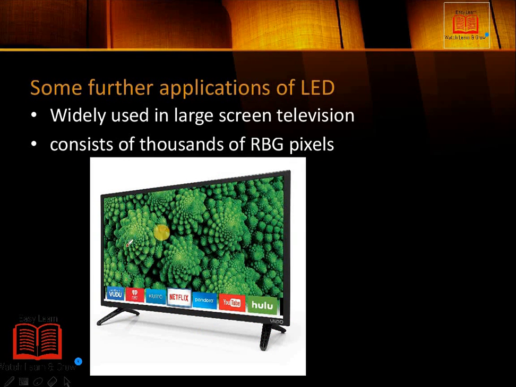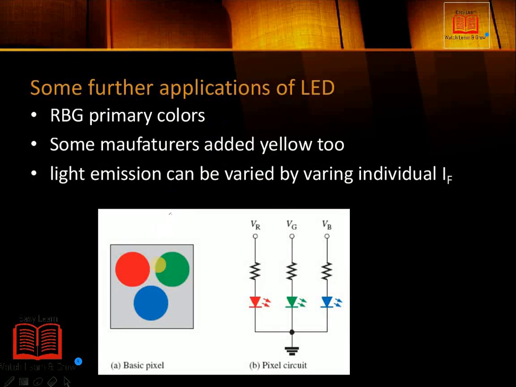Here you can see that this is an LCD, liquid crystal display, and it consists of thousands of RGB pixels, as I was saying in the previous slide. RGB primary colors are there, the three primary colors: red, blue and green. These are basic colors, basic pixels.